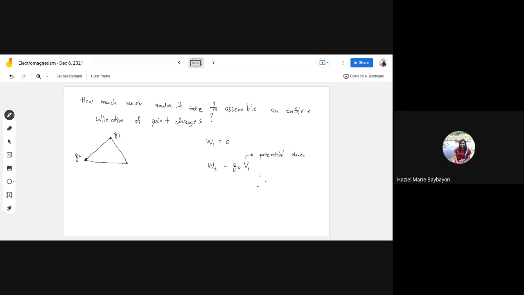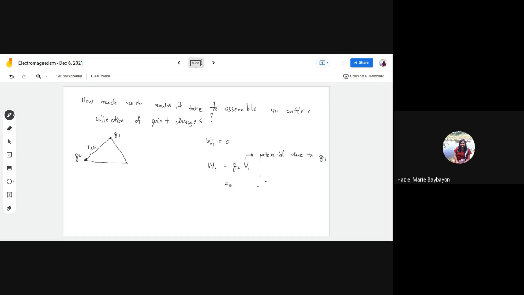And suppose the distance between Q1 and Q2 is R sub 1,2.